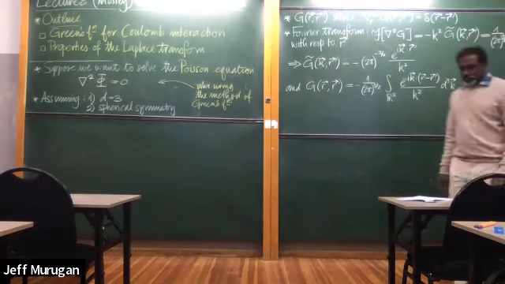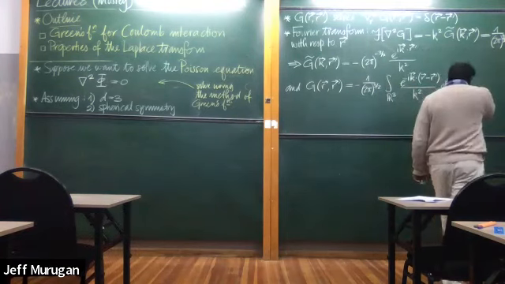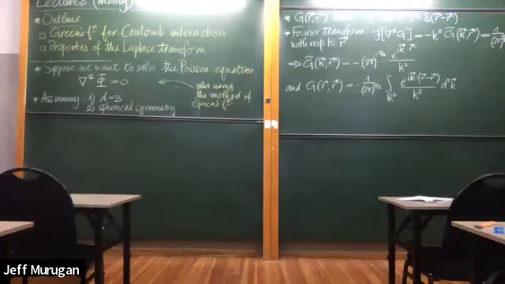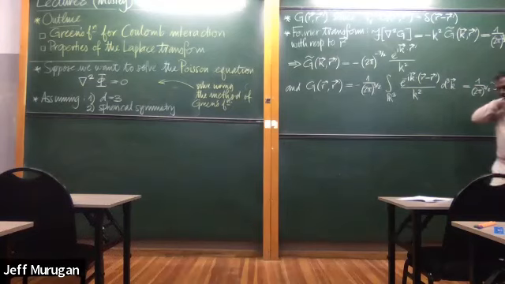Well, at this point, you could do the integral. But you can also realize that this thing is nothing but 1 over (2π)^(3/2) times the inverse Fourier transform of 1 over k squared.